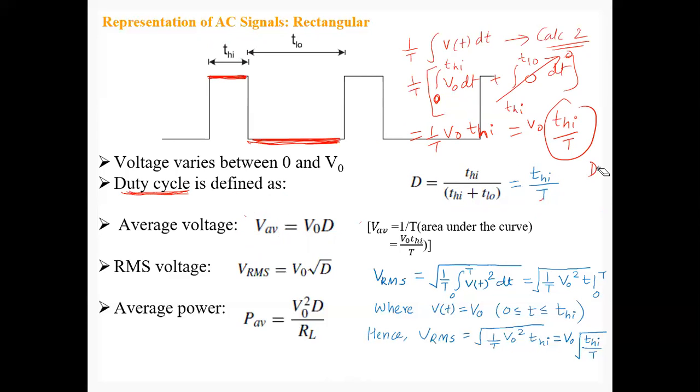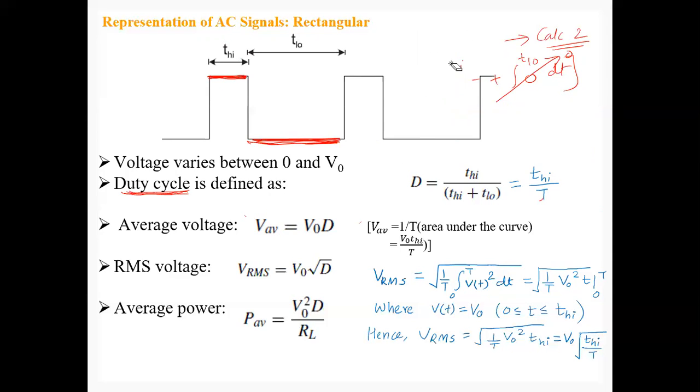Similarly, you can find the RMS value. How do you define the RMS again? Similar to average, but you have to square V, then take the square root. So 1 over T, integral from 0 to T of V squared dt. Again, V(t) is V0 during T high.